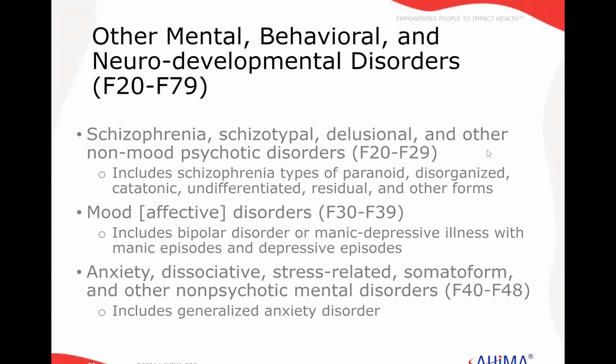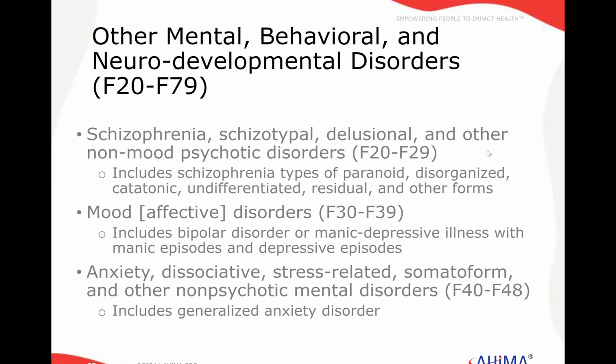Some of the other codes that we see here for schizophrenia, schizodelusional, some of these other non-mood psychotic disorders, main term commonly is schizophrenia, and then the description of whether it's paranoid, disorganized, catatonic, what have you, would drive the rest of the code.